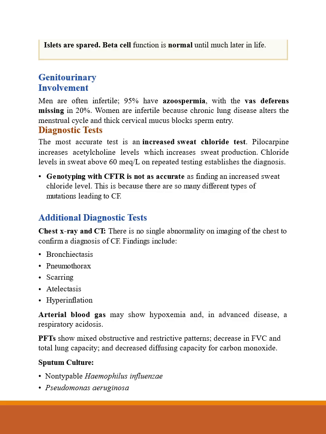Also, the arterial blood gas may show hypoxemia. In advanced disease, it may show respiratory acidosis. PFT also shows mixed obstructive and restrictive patterns, and also decreased FVC and total lung capacity, and decreased diffusing capacity of carbon monoxide.